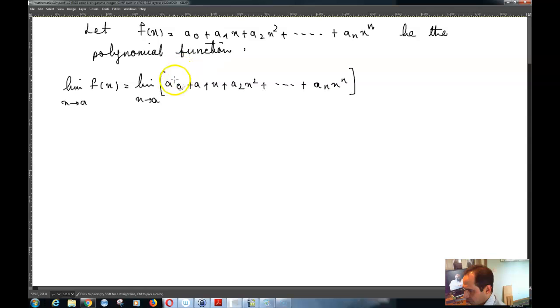And then in the algebra of limits we saw that the limit of the sum of the functions was equal to the sum of the limits of the functions.